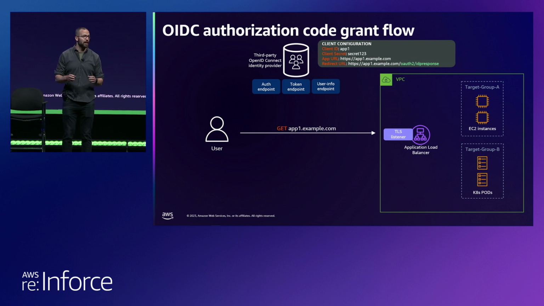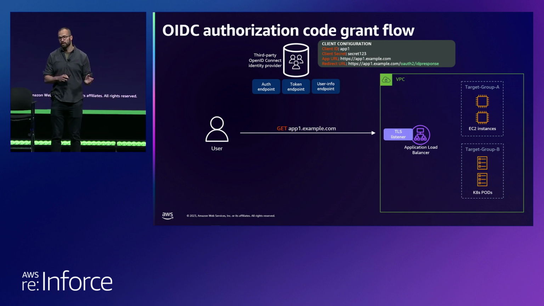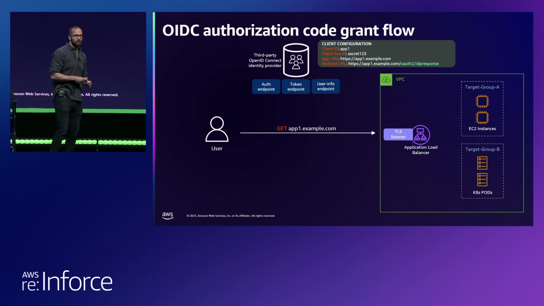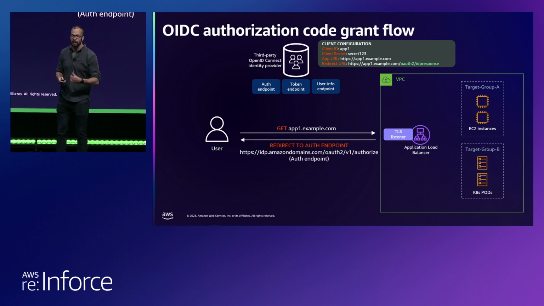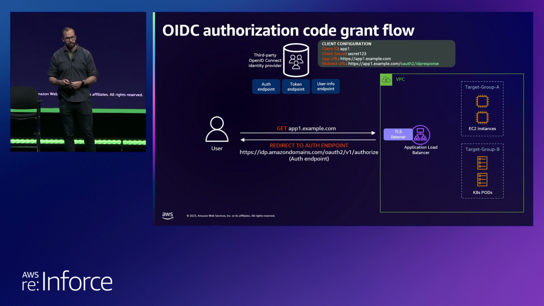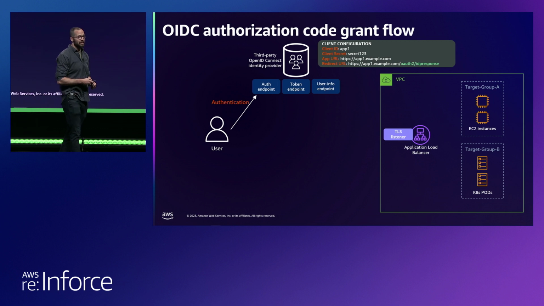Okay, so once we've defined everything, we said that we want to authenticate traffic that's going to our app1 before we forward it to the target group. So a user connects to our load balancer with a simple GET. The user is not authenticated yet, so we will redirect the user to the authorization endpoint that we've defined earlier. So now the user will hit our identity provider on the authorization endpoint.